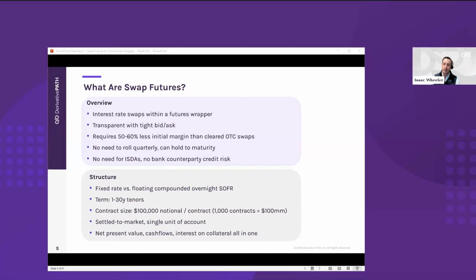I think one key distinction here is that yes, swap futures are futures, but a lot of the typical attributes and properties of a normal futures contract don't apply here. You don't have to roll the contract. As we'll get into, these are very hedge accounting compatible. So we shouldn't mistake swap futures for some of those other futures products that are more challenging to use for ALM purposes. I don't think that applies with swap futures.